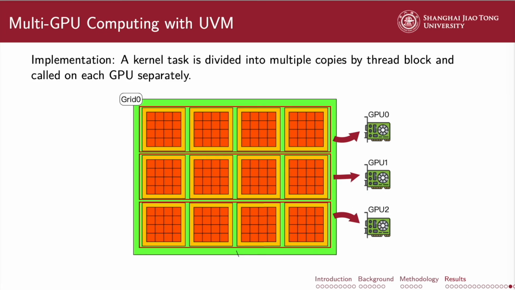As previously described, UVM enables a shared address space between multiple GPUs and ensures consistency. To transform a single GPU program to multiple GPUs, we split a CUDA kernel into multiple kernels, where each kernel is executed on one GPU and handles a proportion of the original job.